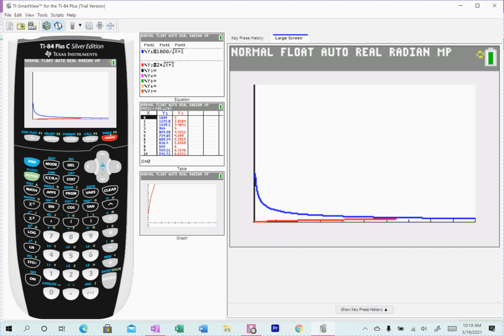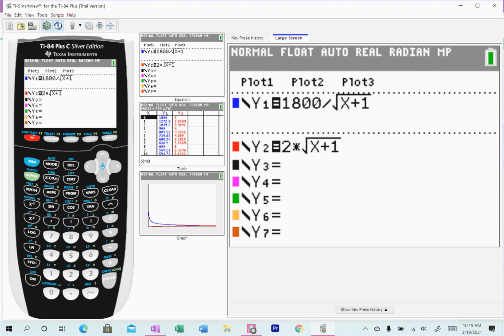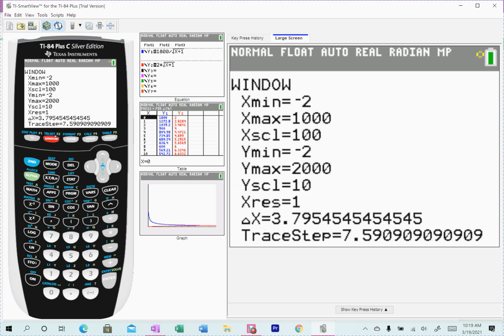Actually, I went a little too big. So I went too big in my y direction. So I'm going to go back here, and I'm going to go a lot smaller in my y direction. $200 maybe?